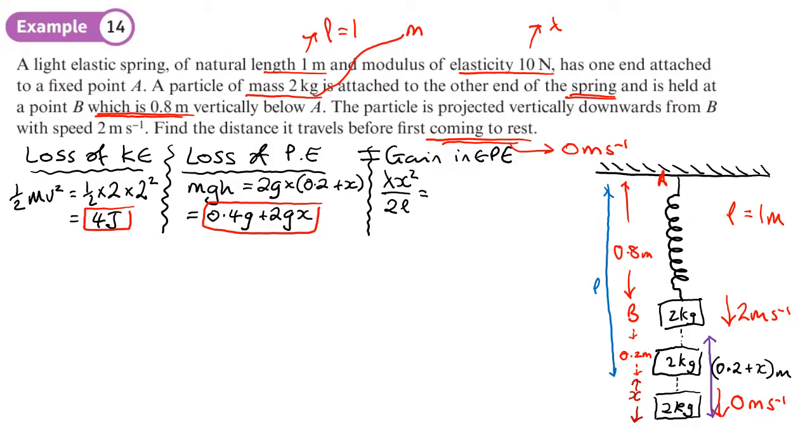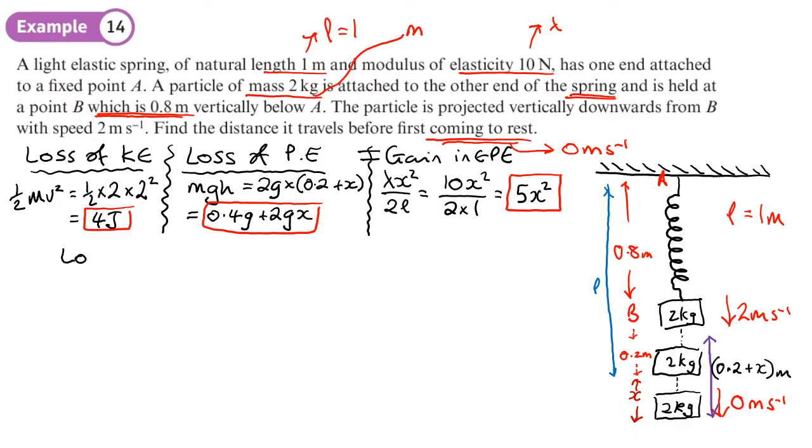So that's lambda is 10, our extension is x, and the natural length is 1, so 2 times 1. So that's just going to simplify to 5x squared. So our losses are going to equal our gain.